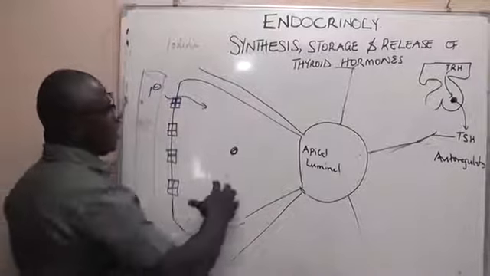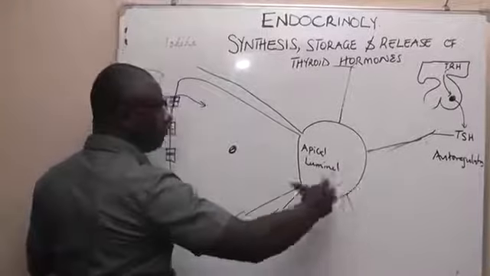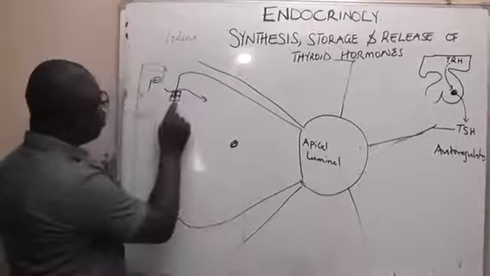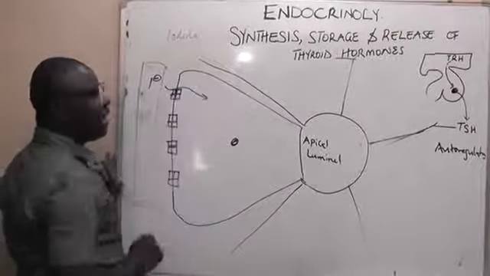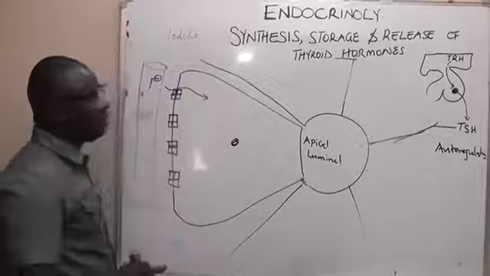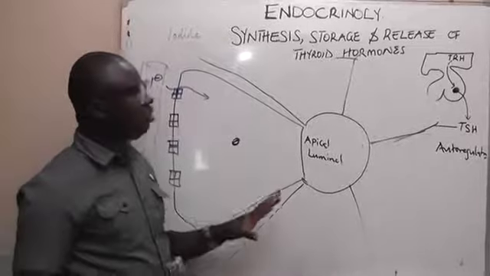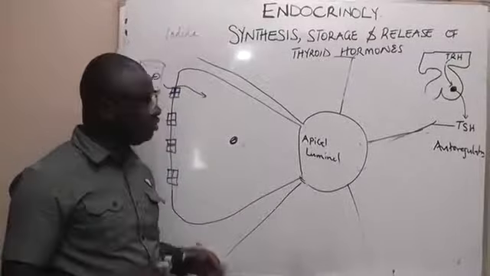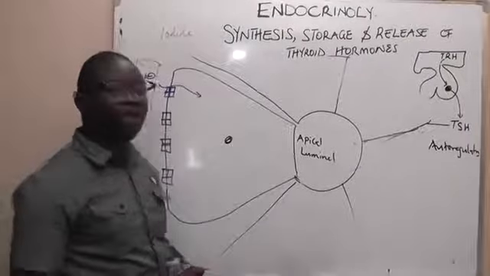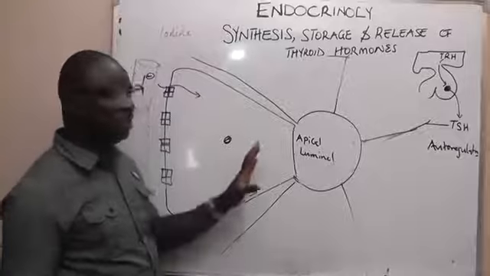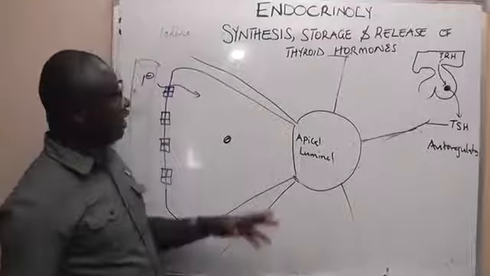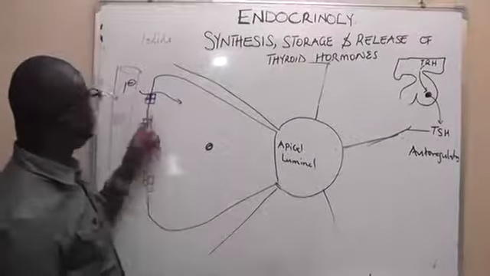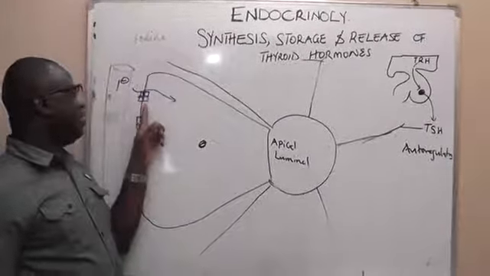Now, when you have reduced production of T3 and T4, then the activity of this iodine pump is increased. So that is why we say the follicular cell or the thyroid tissue has two regulatory mechanisms. Number one is TSH, coming from the anterior lobe of the pituitary gland, which stimulates the follicular cell to produce more hormone. The second factor is the autoregulatory function carried out by the iodine pump.